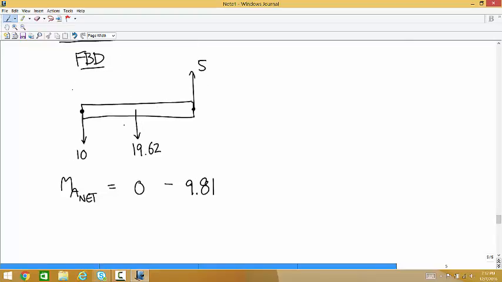And then the 5 Newton force, the distance from where it's applied to the axis is 1 meter. The magnitude is 5. Would that make it rotate clockwise or counterclockwise on its own? Counter, so that's positive. I'm going to rewrite this as 0.5 times 19.62. And so if you add this all together, you get a net moment of negative 4.81.